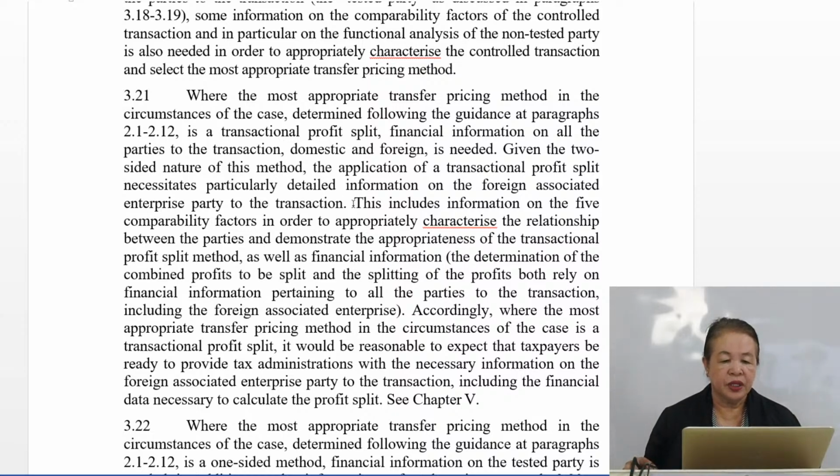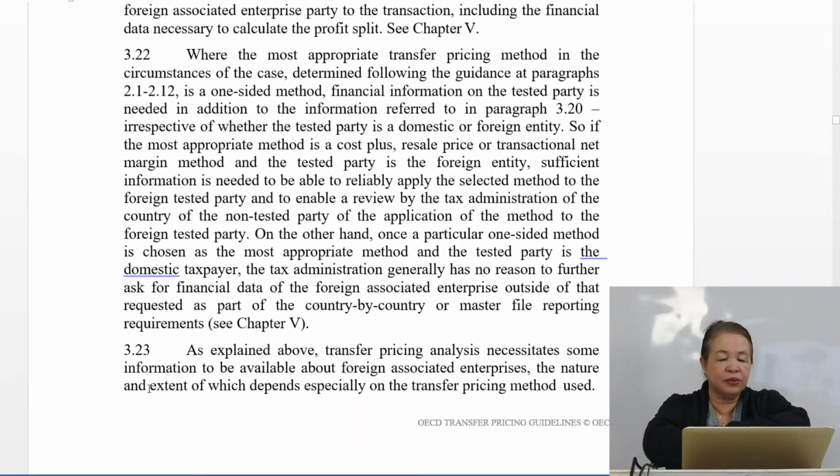Okay. Where the most appropriate transfer pricing method in the circumstances of the case, determined following the guidance at paragraphs 2.1-2.12, is a one-sided method, financial information on the tested party is needed in addition to the information referred to in paragraph 3.20, irrespective of whether the tested party is a domestic or foreign entity.